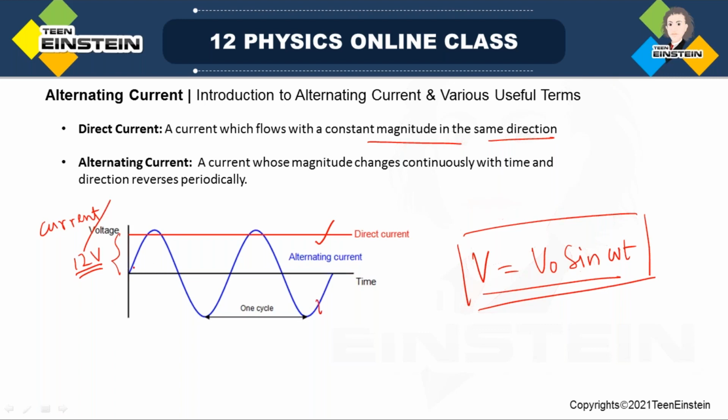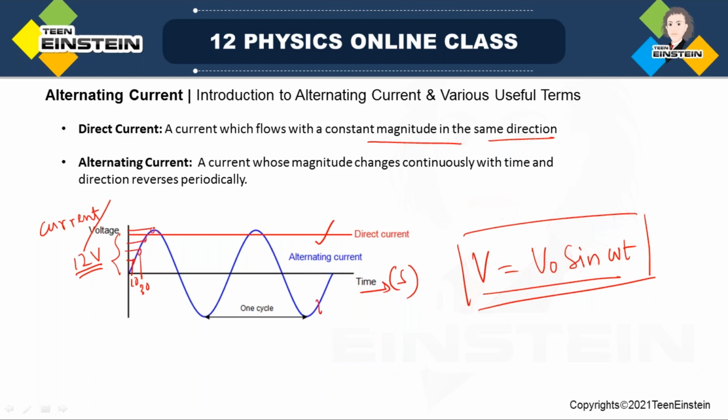And you can see here that at each instant of time it is changing its value. This is the time axis, in seconds, so 10 seconds, then 30 seconds, like that. As time goes on, it changes its value.